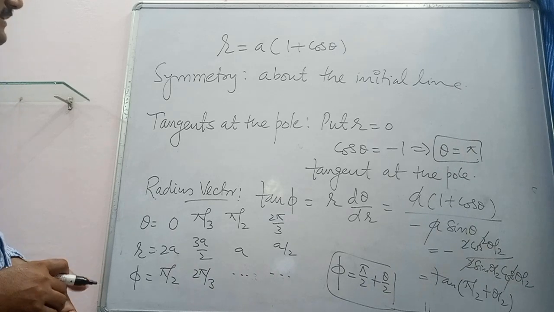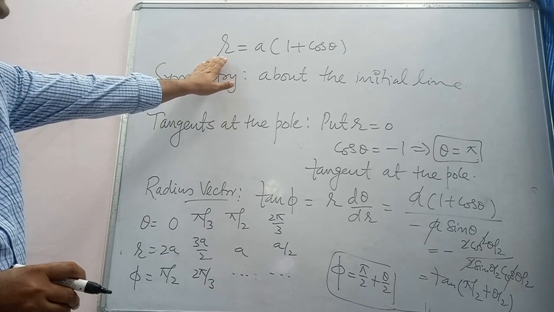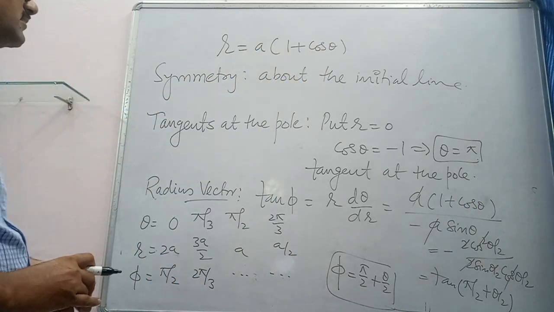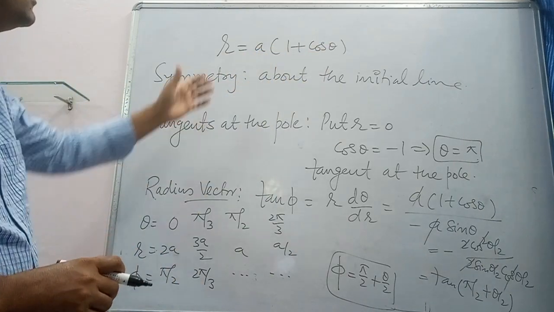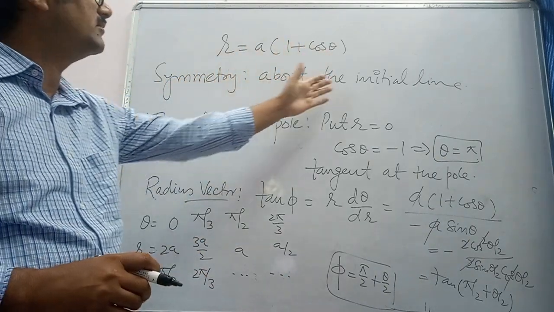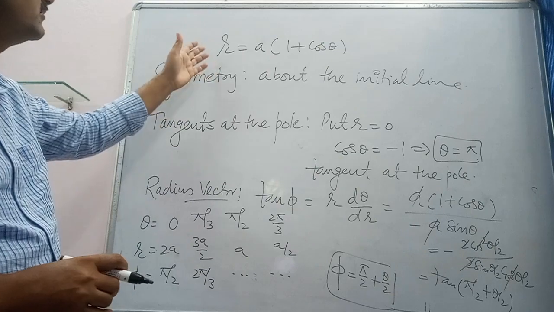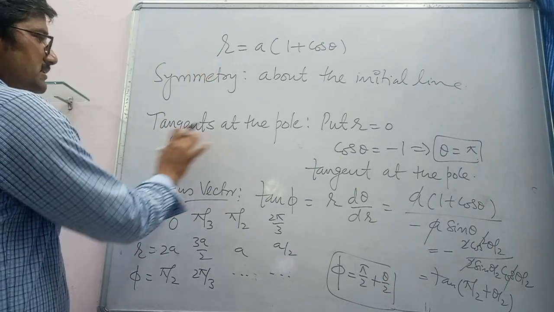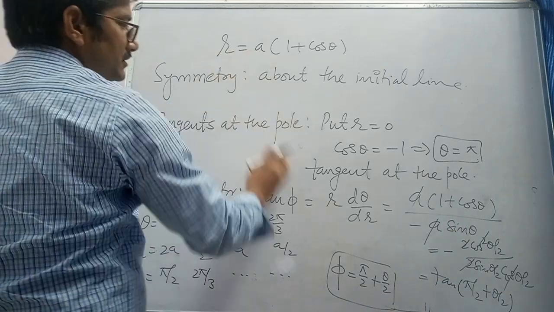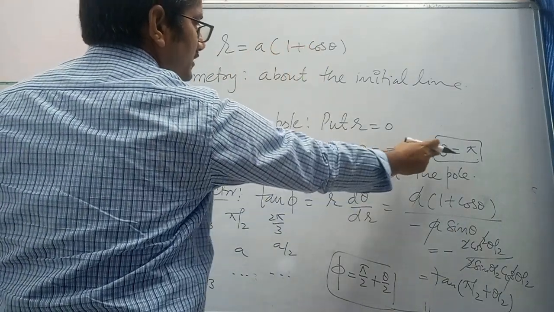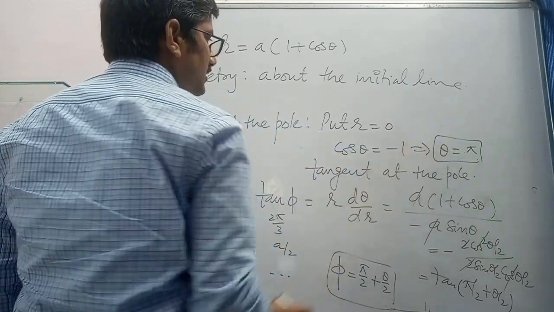So let us trace this curve r is equal to a into (1 plus cosine theta). This curve does not change if theta is replaced by minus theta, so it is symmetric about the initial line, but it does not have symmetry about the pole. Tangents at the pole: put r equal to 0, so 1 plus cos theta is 0, so cos theta is minus 1, so theta equals pi.